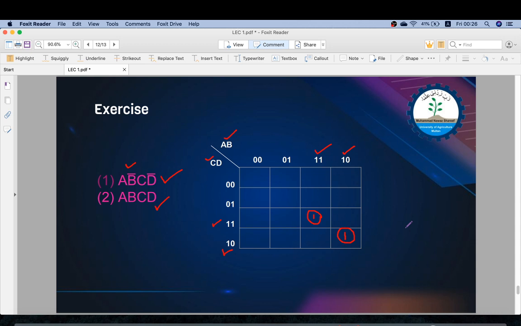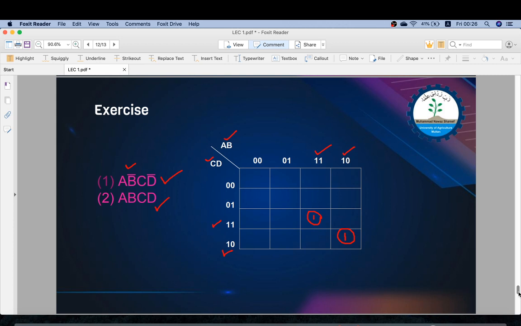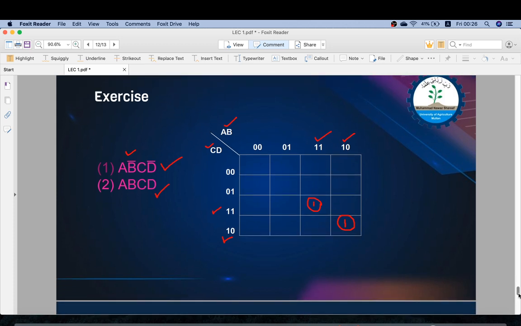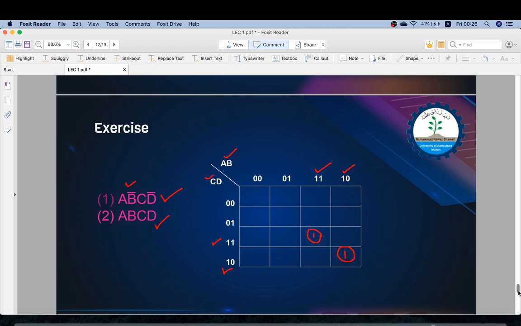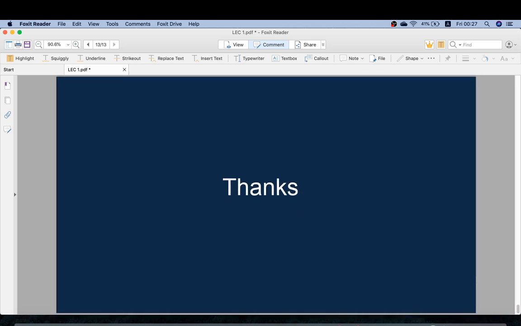Fifth, we did some exercises. So you can take this lecture as an exam overview and brief understanding of the 2, 3 and 4 variable K-maps with examples. In the next lecture we will do the design steps and further topics of K-maps. So thanks for this lecture.